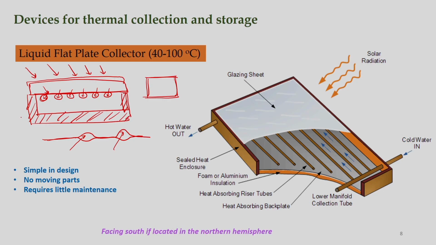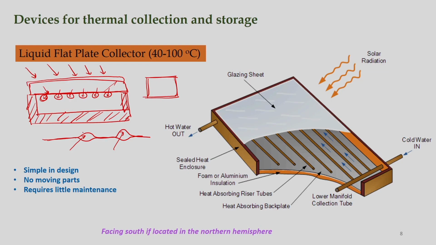If we talk about the development, people have developed some kind of selective coating which is applied over the absorber plate in order to maximize the solar radiation received. The purpose of the selective coating is to increase the absorptivity of the incoming solar radiations and reduce the emissivity of the outgoing radiations, because as you know, all the radiations falling on the absorber plate cannot be absorbed in the absorber plate.